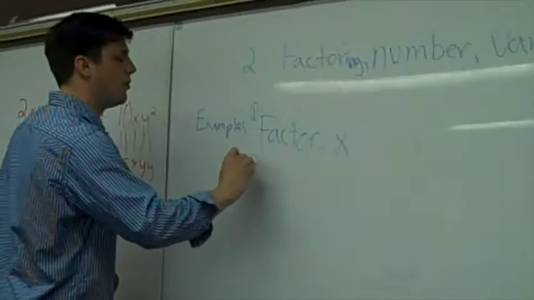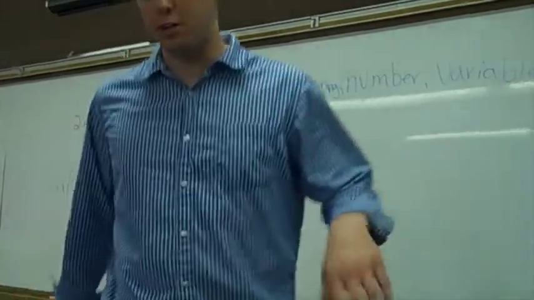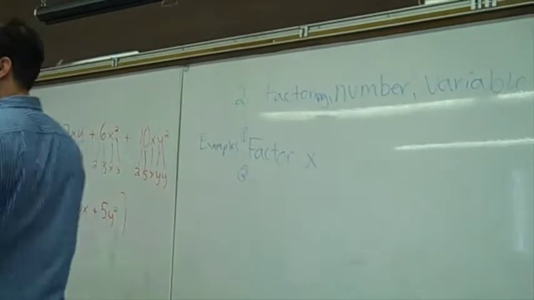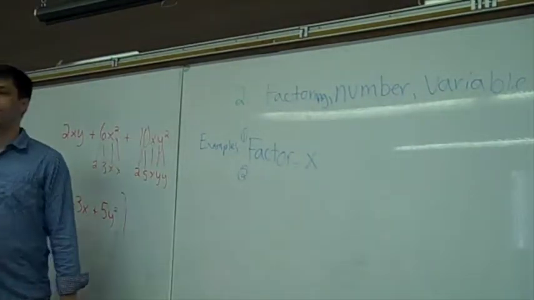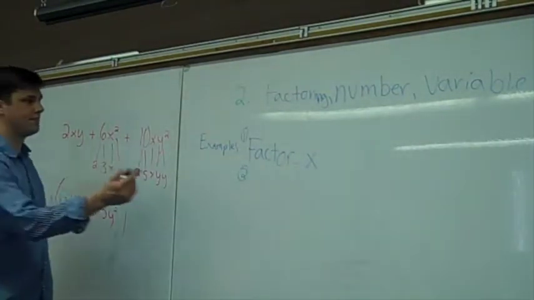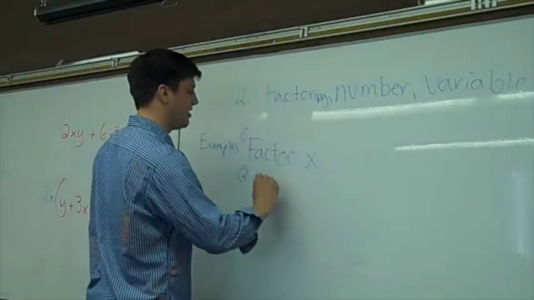So what variable and or number is common between 3x, 5xy, and xz? Maddie? X. What is the common factor between 5x, 10y, and 15z? Tyrese? 5. Factor is 5.